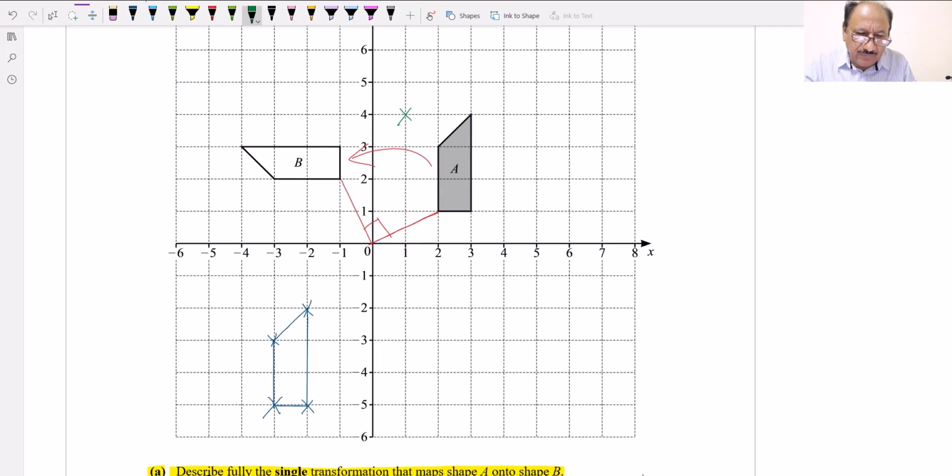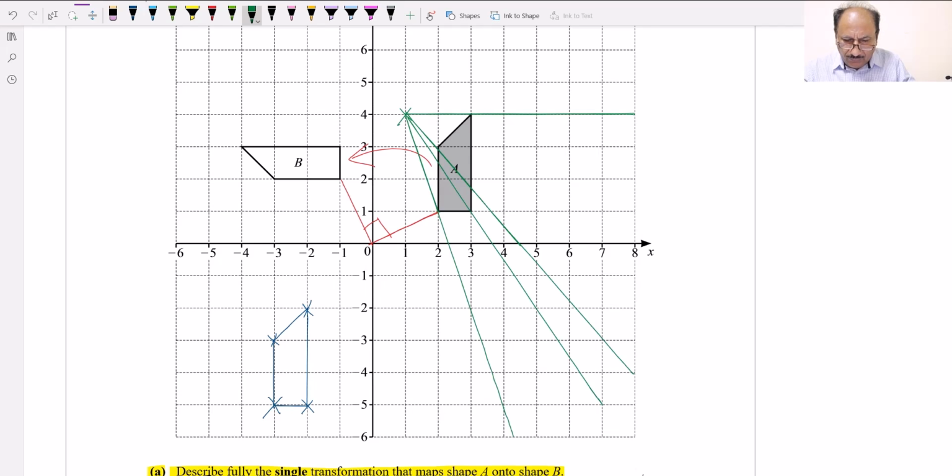We need 3 times, since the scale factor is 3, so we can draw one line, this one, and the second line touching the vertex, this one, and a third line also, this one, and the fourth line which we have drawn.